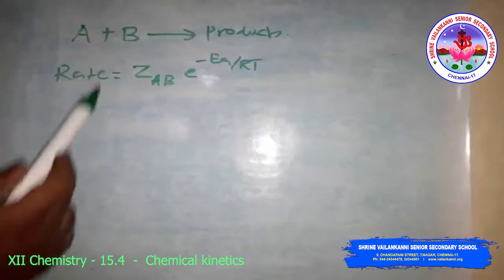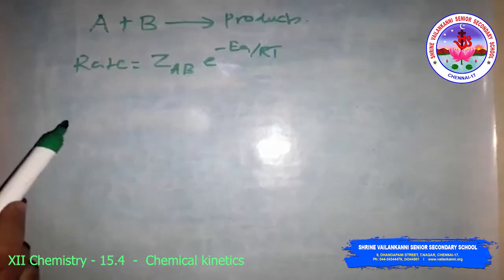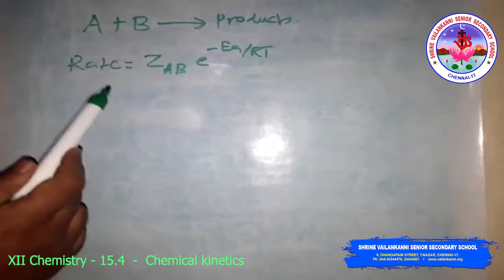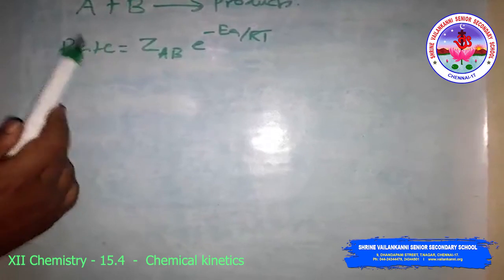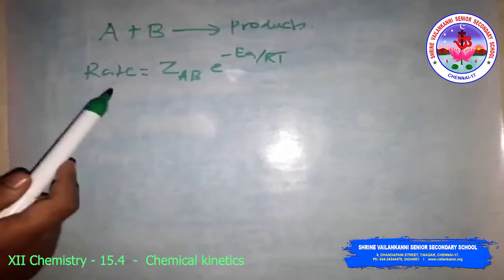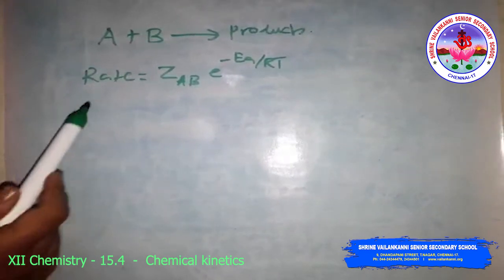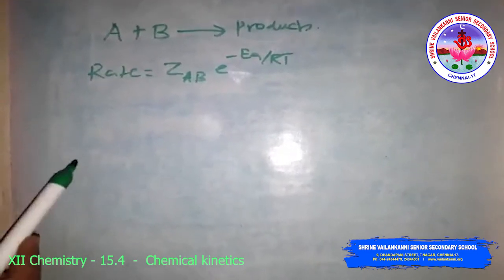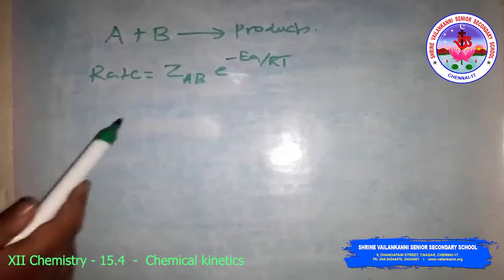Comparing this equation with the Arrhenius equation, we can say that A is related to the collision frequency. This equation predicts the value of the rate constant fairly accurately for reactions that involve atomic species or simple molecules, but for complex molecules significant deviations are observed.